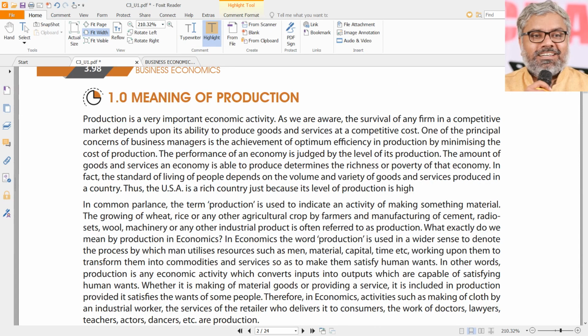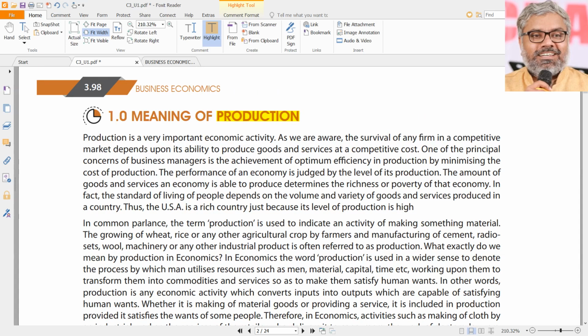Of course, there is a commonly misconceived idea that production means manufacturing something tangible. That's what we normally mean colloquially. But is that what production is in economics also? That is where we have to focus. It is not what we think only.